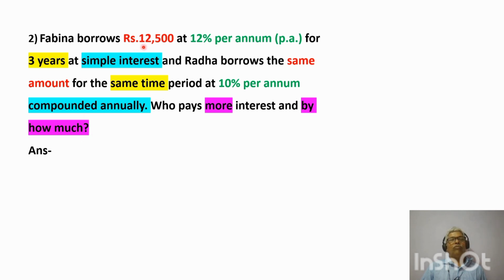That P0 for both are same, time period is same, only we have to calculate this by simple interest for Fabina, and for Radha it should be compounded annually, and by compound interest our rate of interest is also different, 12% for simple interest for Fabina and 10% per annum for Radha, compounded annually. Let us try the solution.